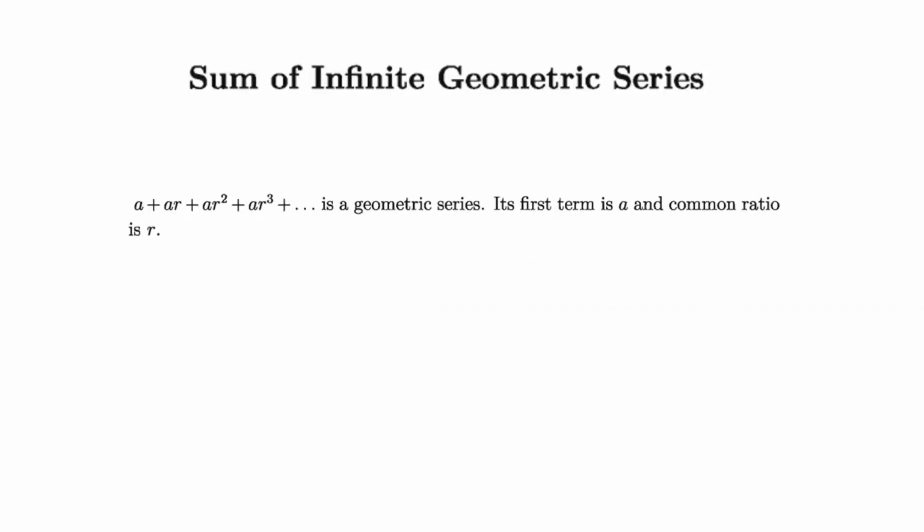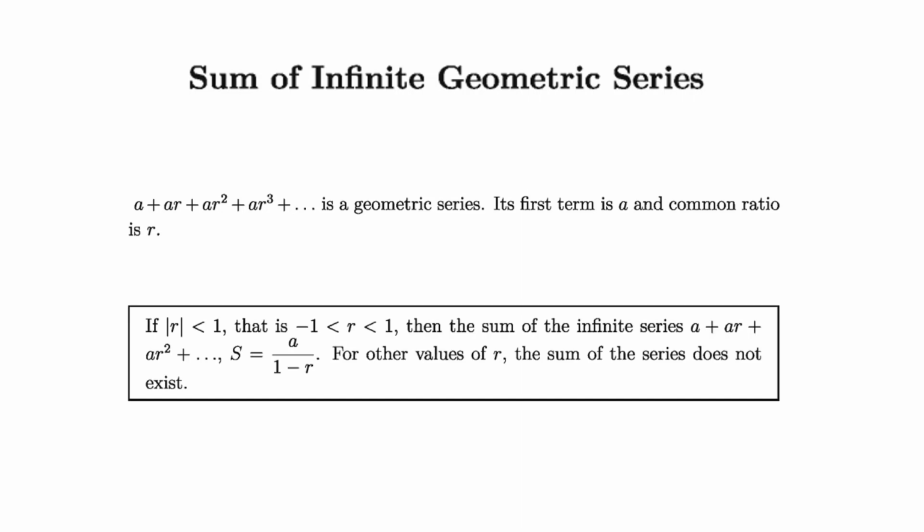Sum of infinite geometric series. Given a plus ar plus ar square plus ar cube plus ... is a geometric series, its first term is a and common ratio is r. This is a revision class, so I'll discuss it shortly.